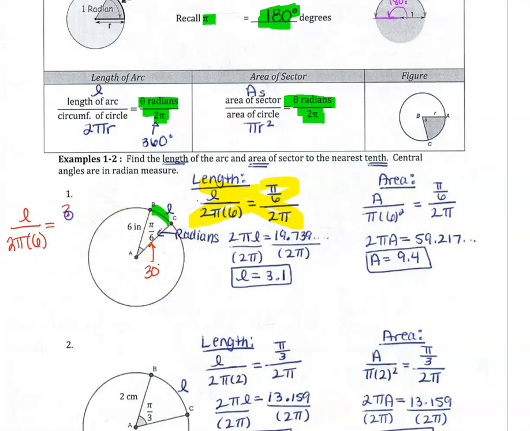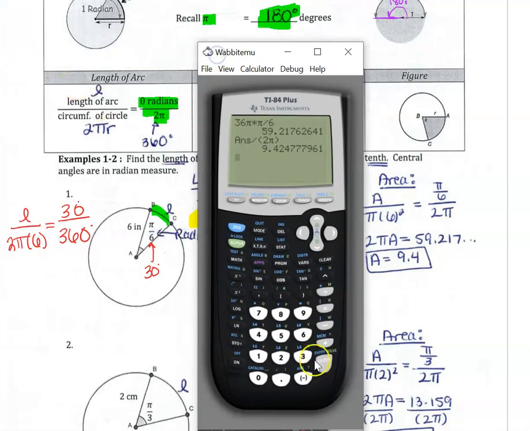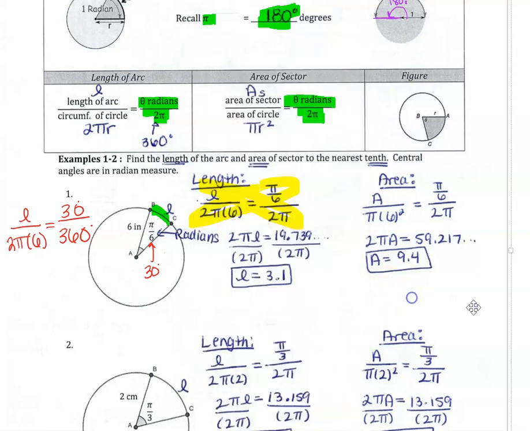Now my central angle is 30, but it's in terms of degrees, so I change the denominator to 360 degrees, and you get the same thing. So let's just confirm that. So 12 pi times 30 divided by 360, and you'll see I got 3.1 as well, which is the same exact thing I got in terms of radians.